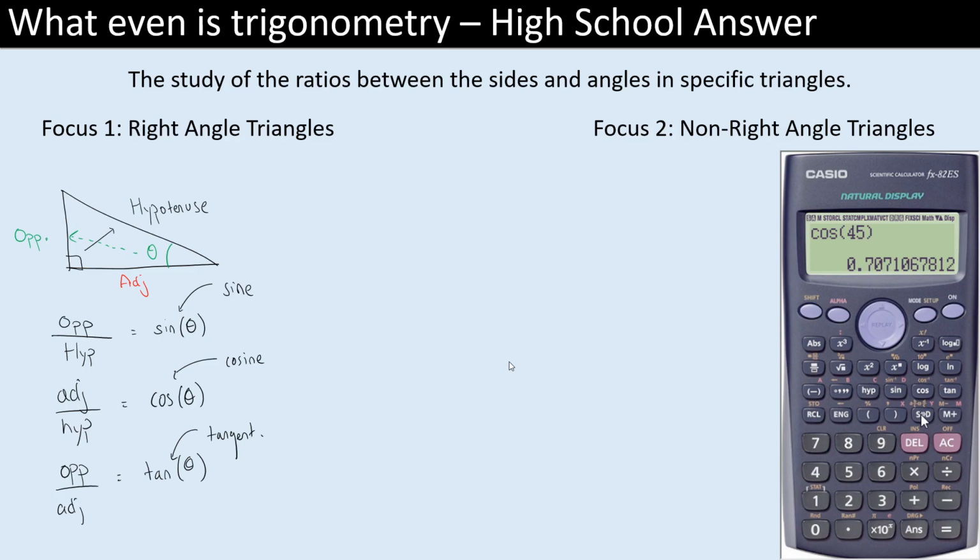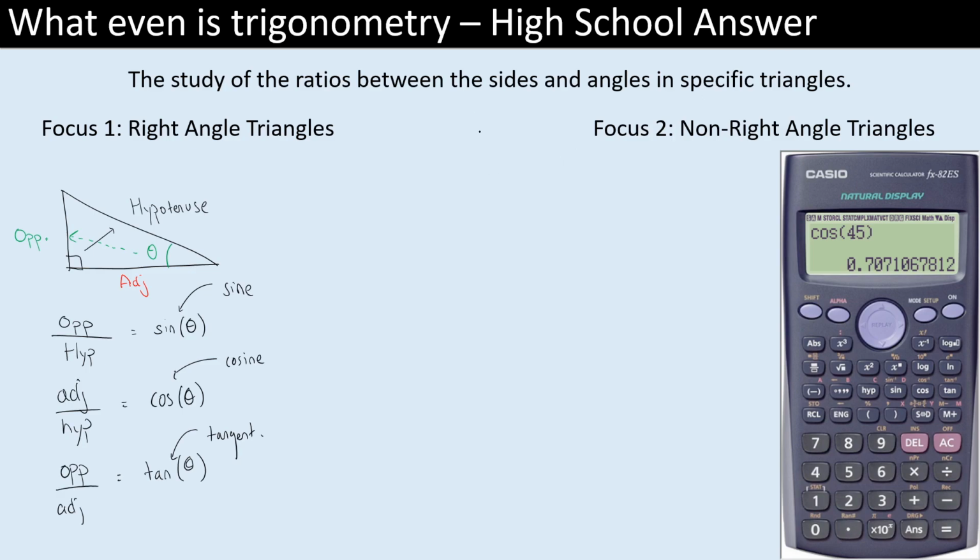So whatever my adjacent and my hypotenuse are, when I divide them, I should get √2 over 2, or 0.707. And what this allows us to do is calculate either a missing angle or a missing side, and figure out what they should be.